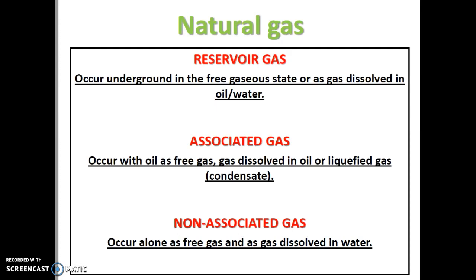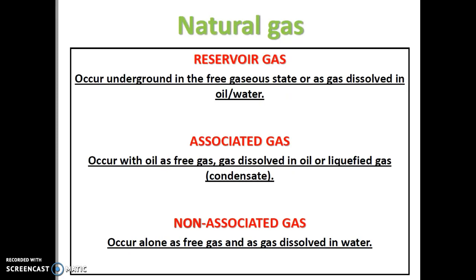For hydrogen sulfide, if you find it in high concentration in the oil field, we call it sour gas. Meanwhile, if you find low concentrations of hydrogen sulfide, we call it sweet gas.